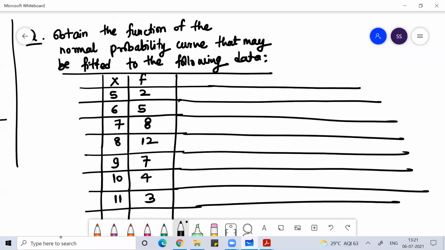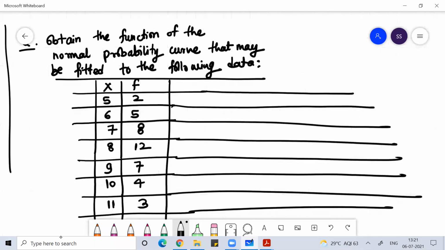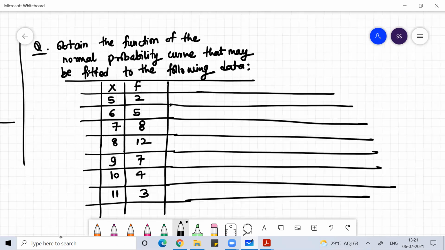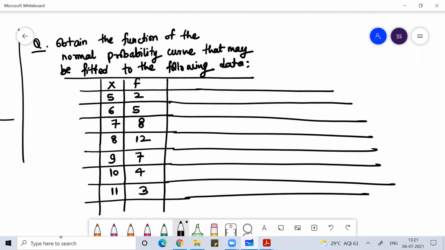Write down this question. So this is the question: obtain the frequency function of the normal probability curve that may be fitted to the following data.